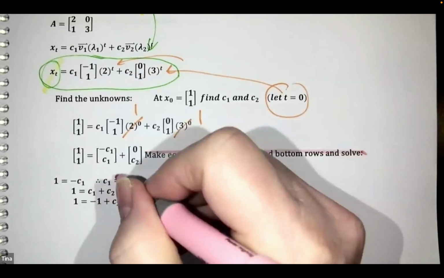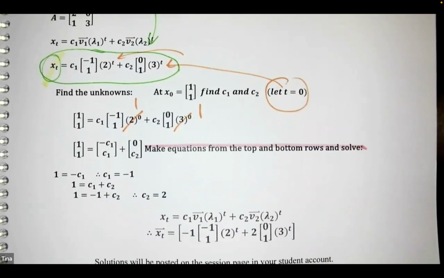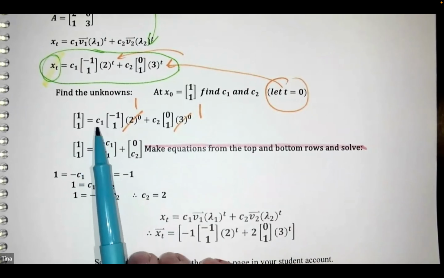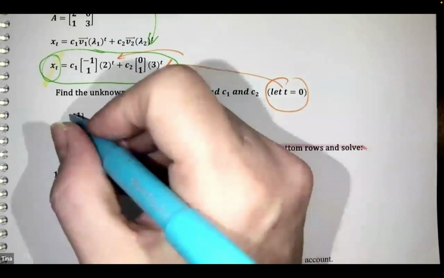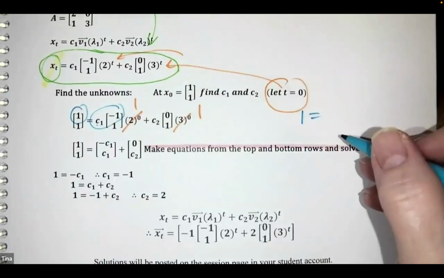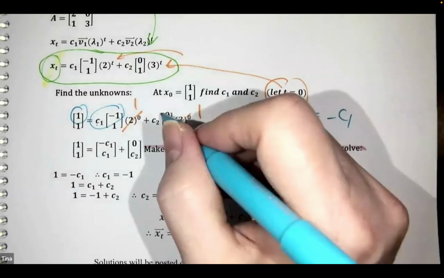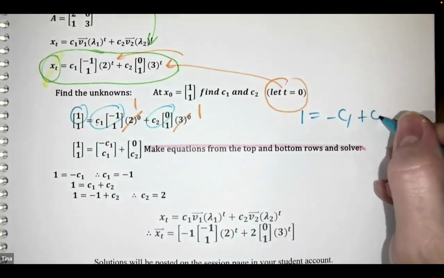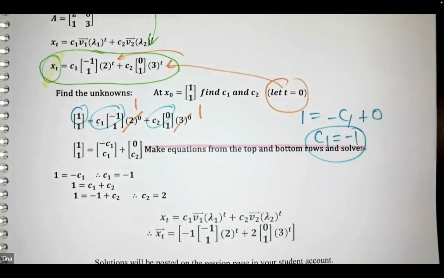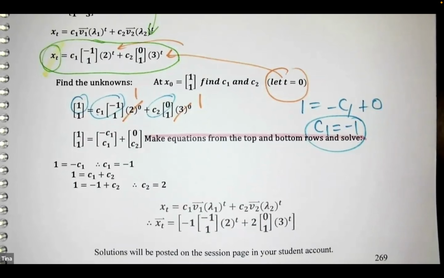If you want to simplify a little bit here, you can, but you don't have to. Really, we just know that the top is going to be 1 equals C1 times negative 1, which is negative C1, plus C2 times 0, which is 0. So really, that's just what the top tells us.